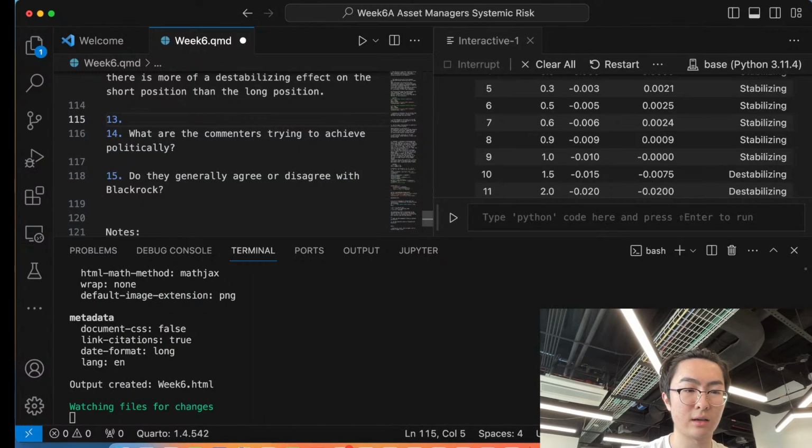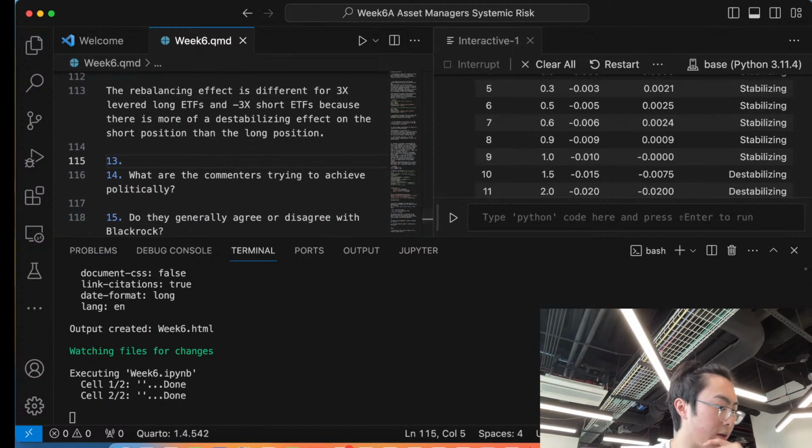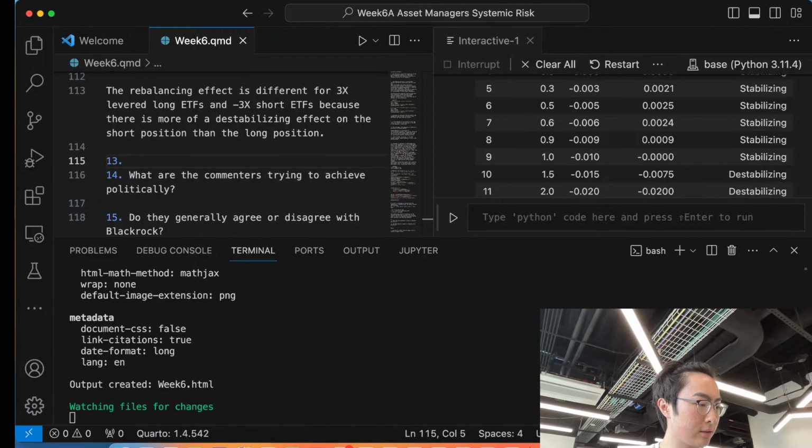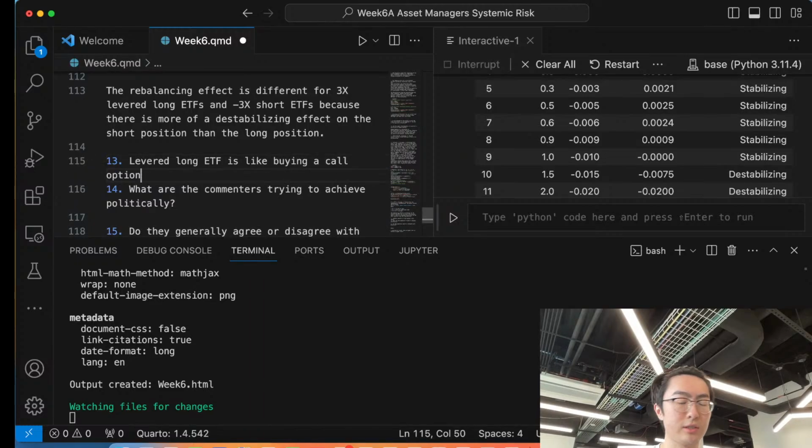Okay. So if you buy shares in a levered long ETF, is this most similar to buying a call option? I think so. So a levered long ETF is like buying a call option. What does writing a call option mean?